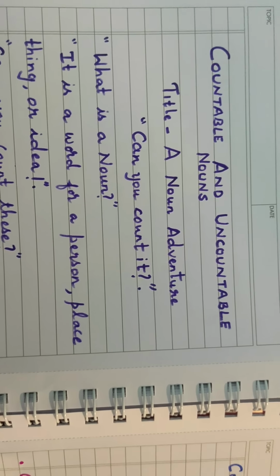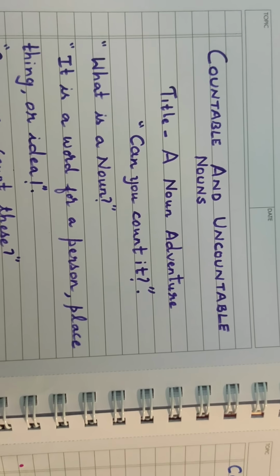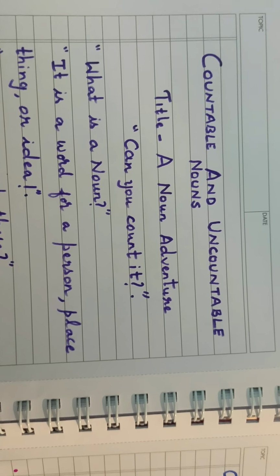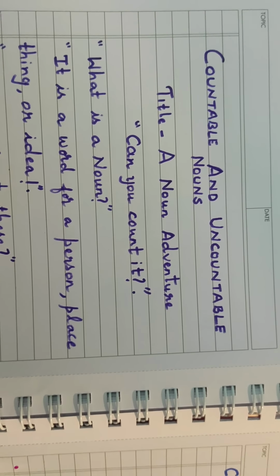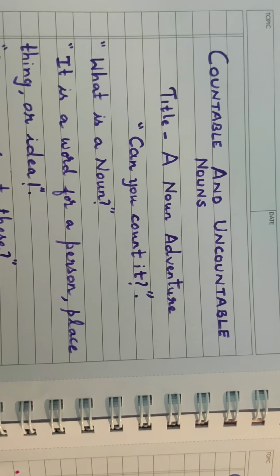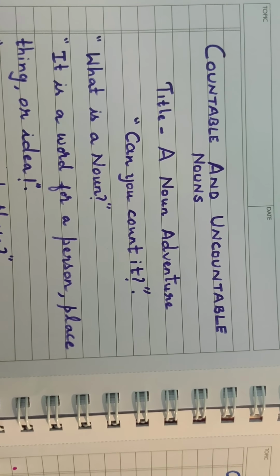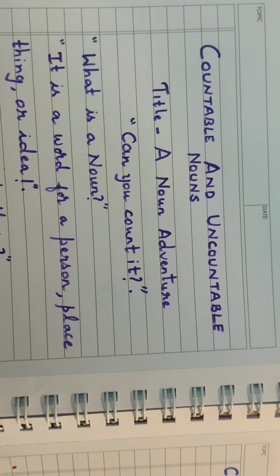In the same way, countable nouns. Uncountable means that which cannot be counted. Today we are going to learn in detail about nouns and countable and uncountable nouns.